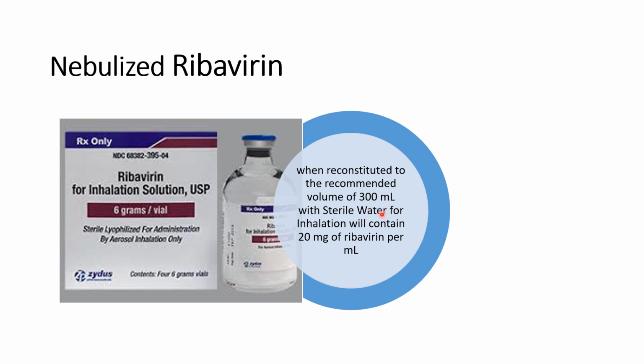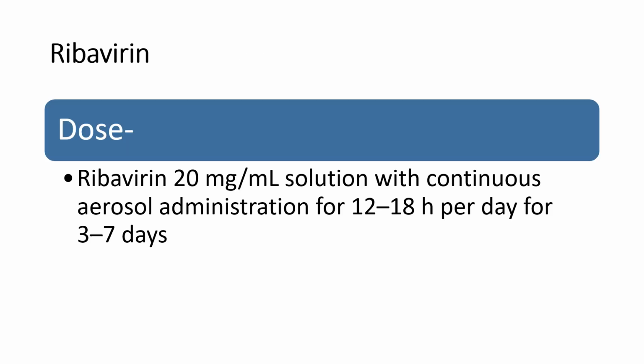Then the solution will contain 20 milligram ribavirin per ml. And the dose of ribavirin is 20 mg per ml solution with continuous aerosol administration for 12 to 18 hours per day for 3 to 7 days in acute bronchiolitis.